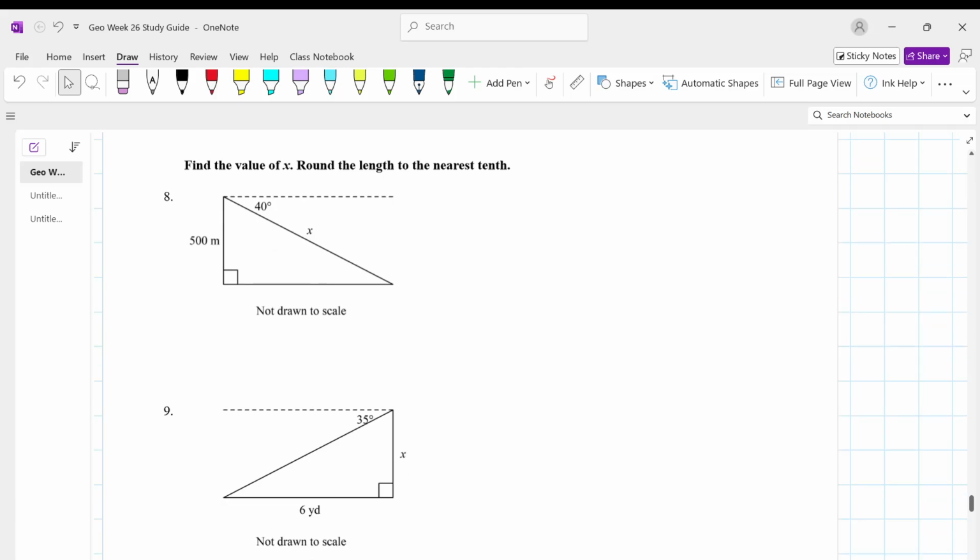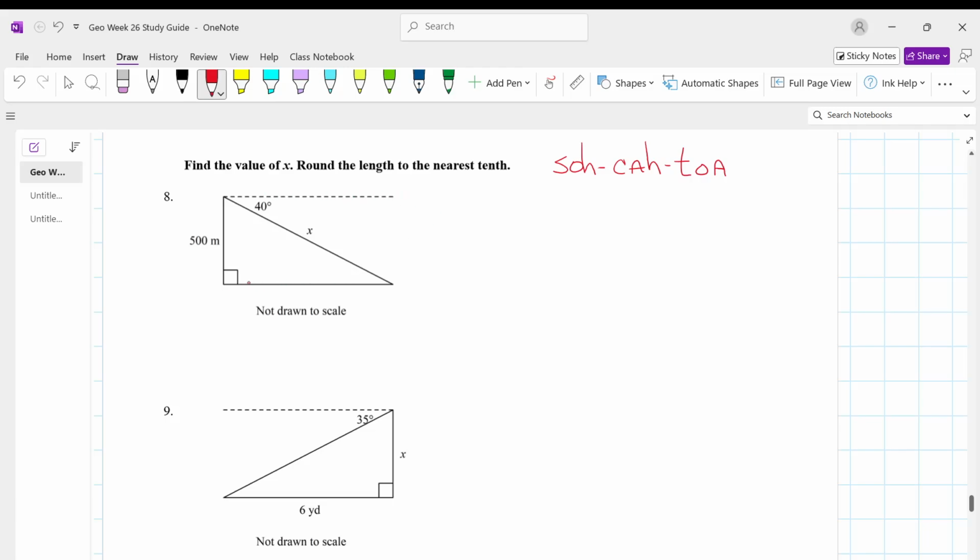All right, problems 8 and 9 here. These are going to be sine, cosine, tangent problems again. Now, when you get these pictures, the first thing you want to do is notice this dashed line across the top is a horizontal line.